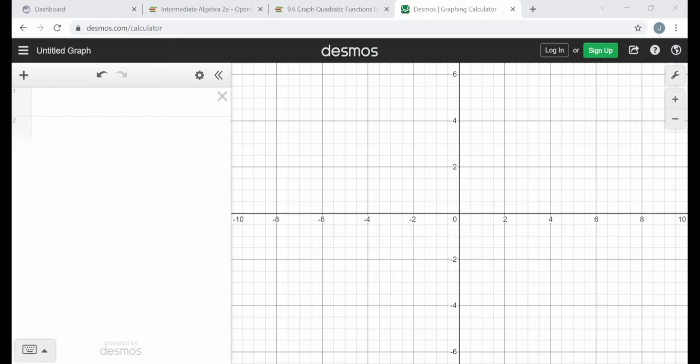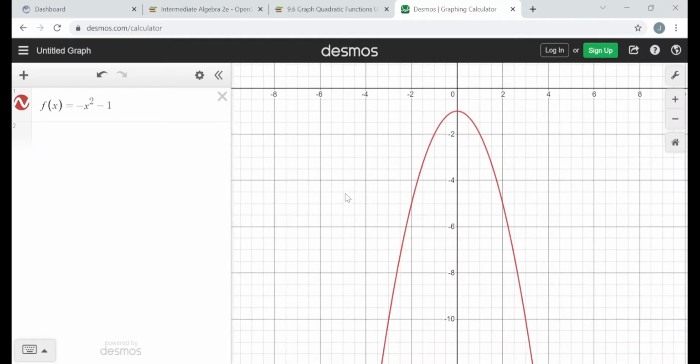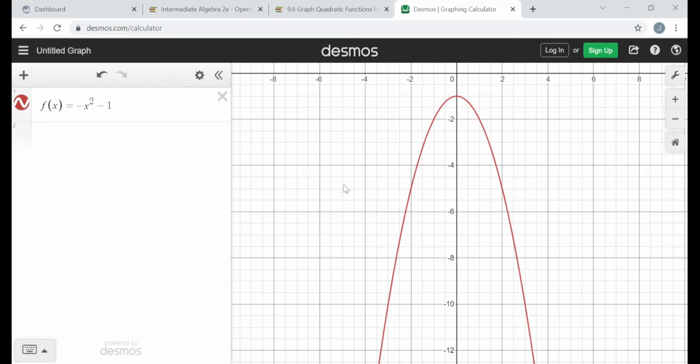Oh yeah, and let me show you the function on the website. Alright, so that function was f of x, or y equals, negative 1 times x squared, and then minus 1. And you see our parabola opening down here, just like I had in my drawing.